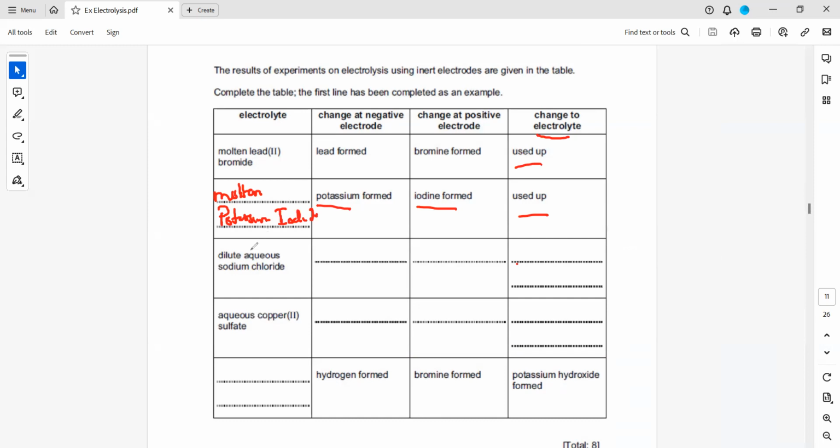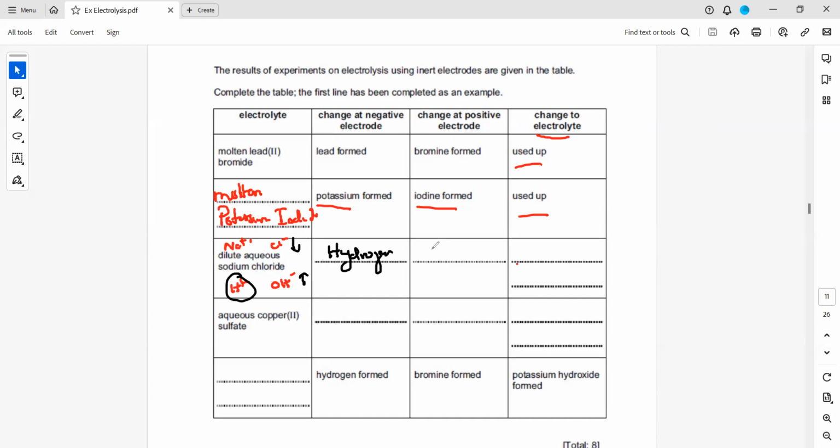If we have dilute aqueous sodium chloride, it contains sodium ion, chloride ion, hydrogen ion and hydroxide ion. Which positive ion will move? Hydrogen is less reactive, so hydrogen will move towards the negative electrode, so there will be hydrogen. Because it's dilute, dilute means it contains more OH and less Cl.